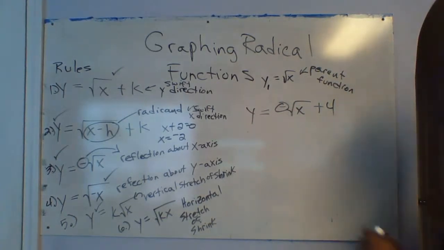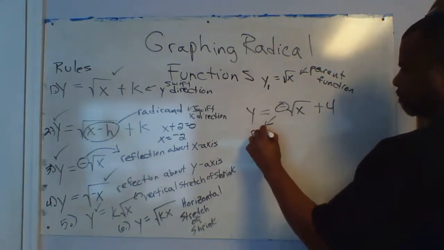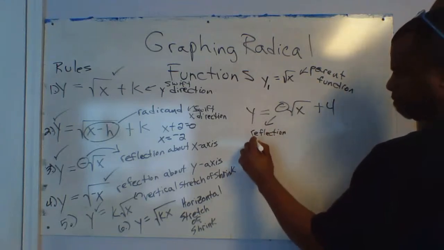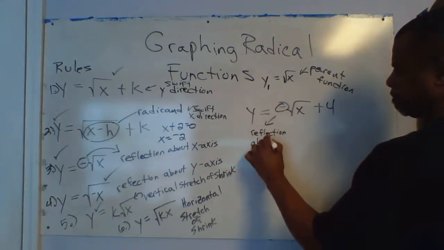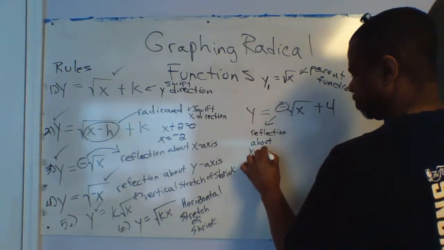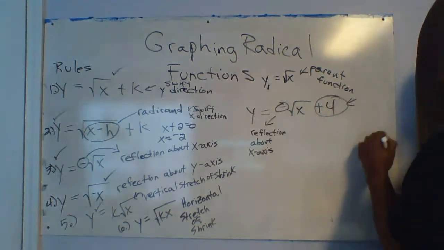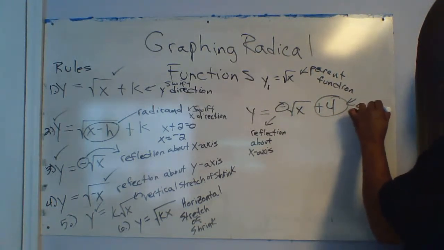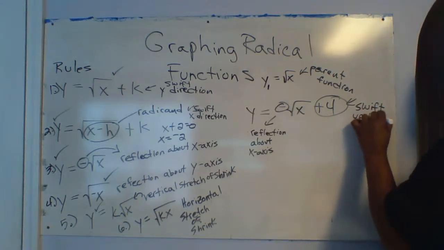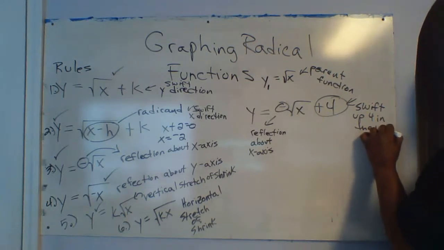If we've got a negative, that means it's going to be reflected about the x-axis. And this is going to be a shift up 4 in the y direction.